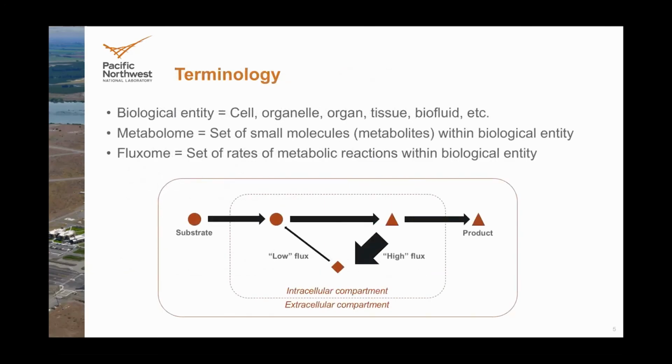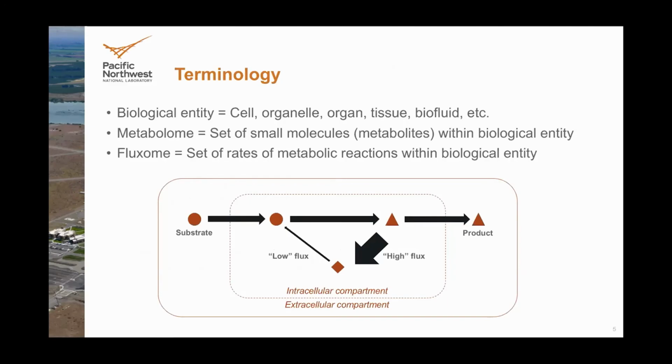A little bit of terminology here. If I use the word biological entity, I'm referring to a cell or an organelle or maybe some fluid. When I'm talking about the metabolome, that's the set of small molecules, so the metabolites. And when we're talking about the fluxome, we're talking about the set of all of the rates of the metabolic reactions within that entity. And you'll see some graphics in subsequent slides, and they're pretty cartoony, but they all follow the same theme.